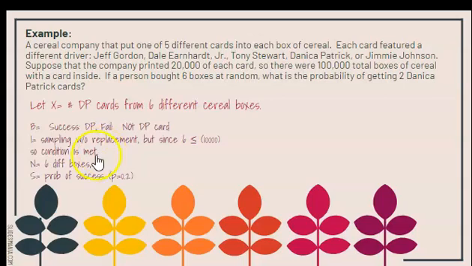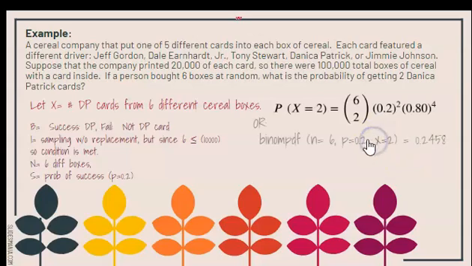N is how many trials. Well, we picked 6 different boxes. And the probability of a success is 0.2, so 20,000 out of 100,000 is 0.2. Now, we can use the binomial equation. If I have 2 cards out of 6, I have 6 choose 2, probability of success to the second power, probability of failure to the remaining 4th power.